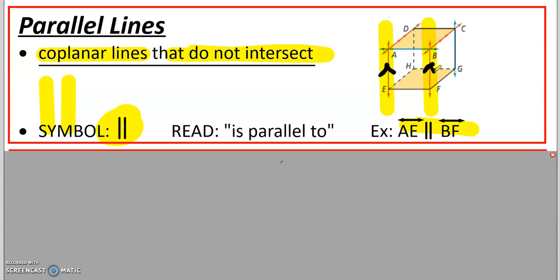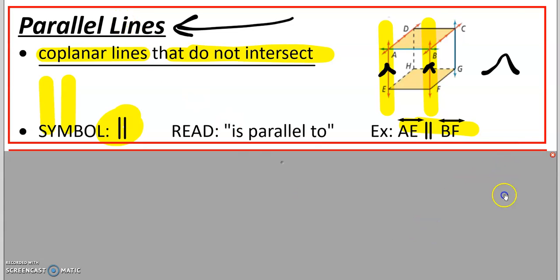If we see that, it's a notation on a diagram that two lines are parallel. You can see them again up here. Those double arrows mean that line AD is parallel to line BC, okay? So if we ever see that, we know that we have parallel lines.